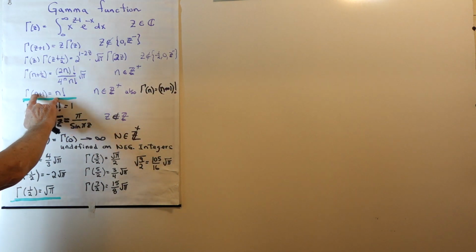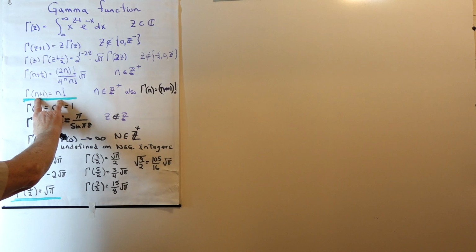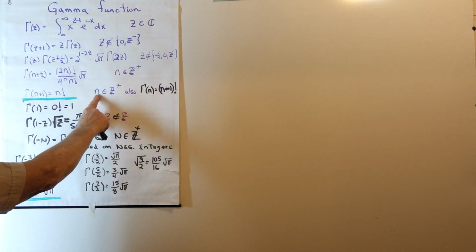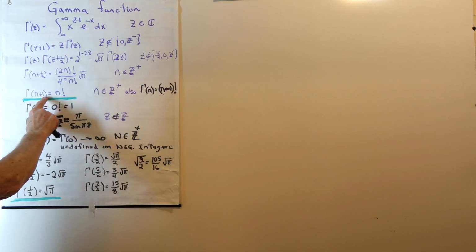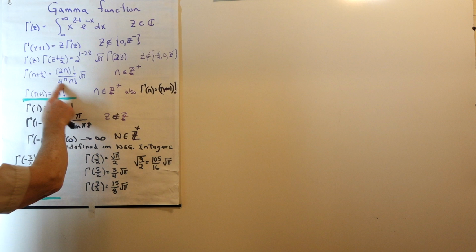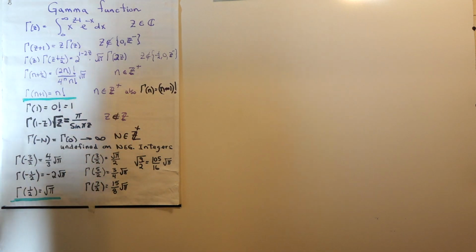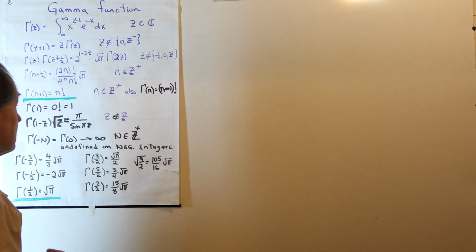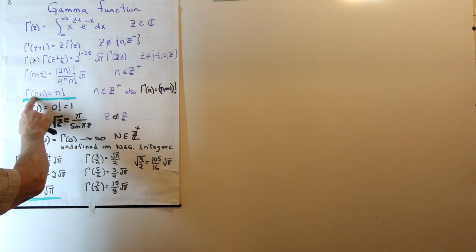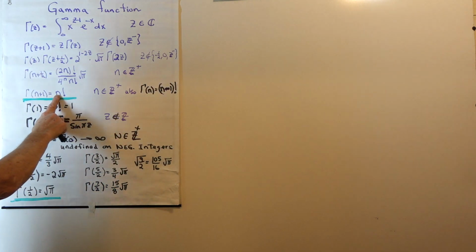Now here is probably the most important relationship on the gamma function: if n is a positive integer, then gamma of n plus 1 is n factorial. And this is where the gamma function also gets referred to as a factorial function. When n is an integer, gamma of n plus 1 is equal to n factorial.